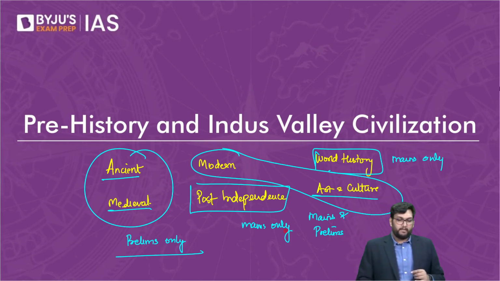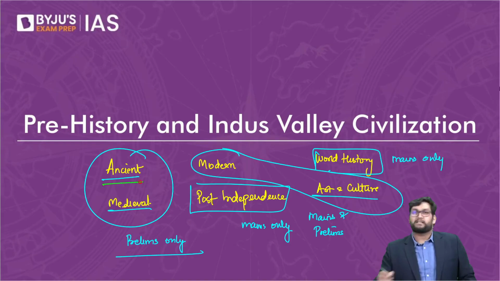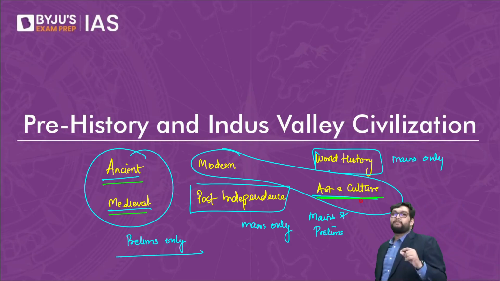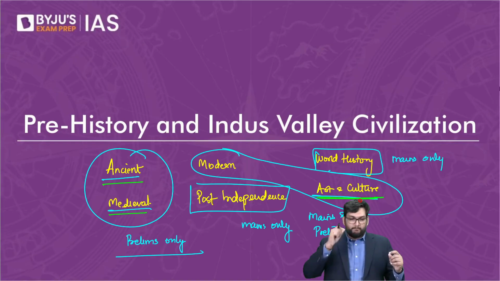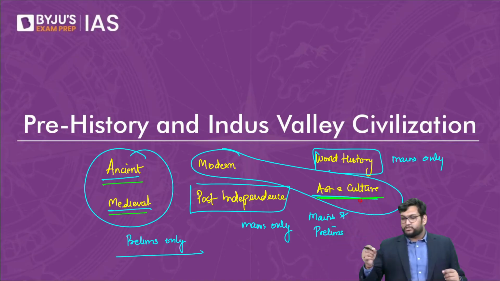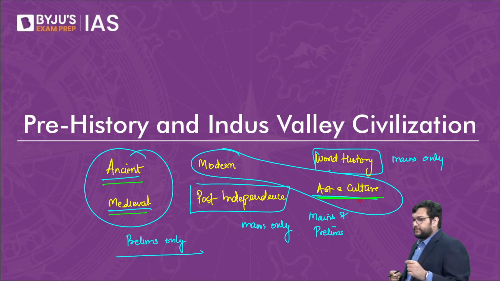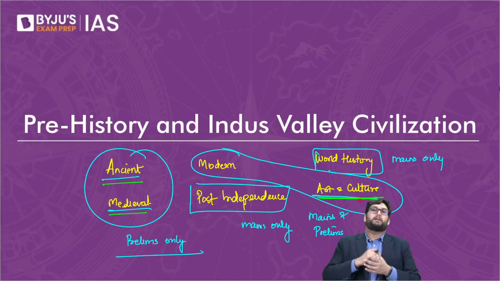Now, these 2 are what we start. Prelims and mains orientation means that in ancient medieval, you need to have conceptual and factual knowledge. But in art and culture, you need to have conceptual and descriptive plus factual knowledge, which means that you should be able to write answers to questions, and therefore descriptive understanding is important.